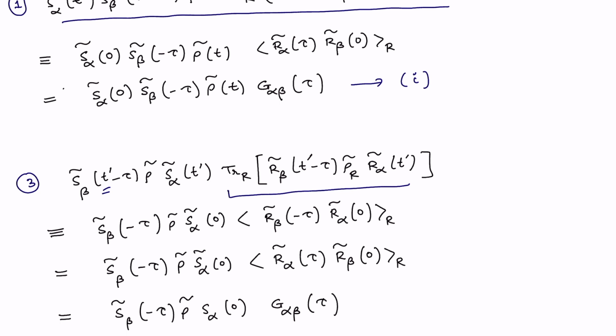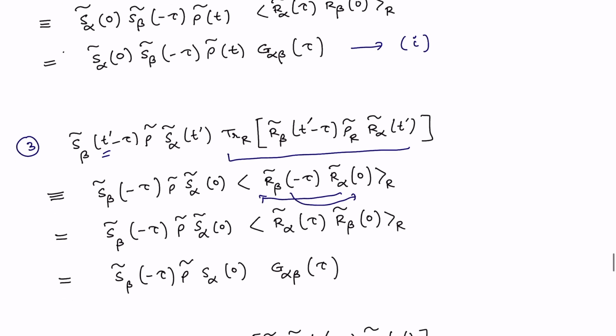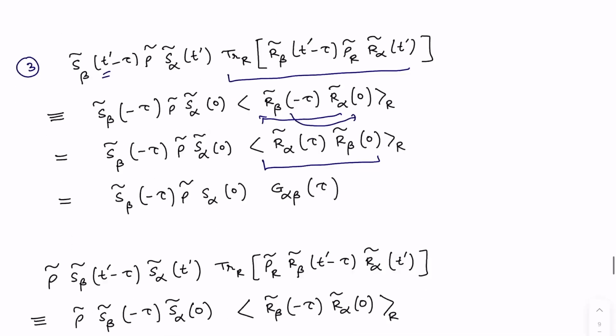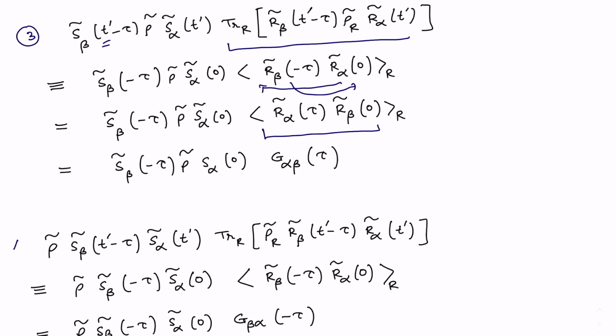Because this is at 0, I can take it to this side or that side, it is not going to make any difference. But what I am doing is shifting the time, and then I get R alpha tau and R beta 0, and this is nothing but my function Z alpha beta at time tau. And then I am looking at the fourth term.